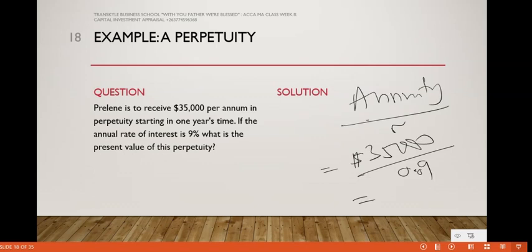This is 388,889. That's the present value of this perpetuity.